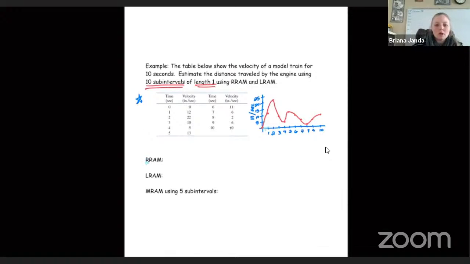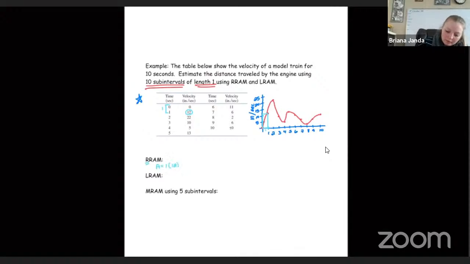So the first question is our right RAM. As we look at that first rectangle going from 0 to 1, we will use the right number, which would be 1, to find our height. Well, the height at 1 was 12. I can draw that rectangle, but I don't really want to draw in all these rectangles, but you can see that our height would be 12. So our base from connecting 0 to 1 would be 1.